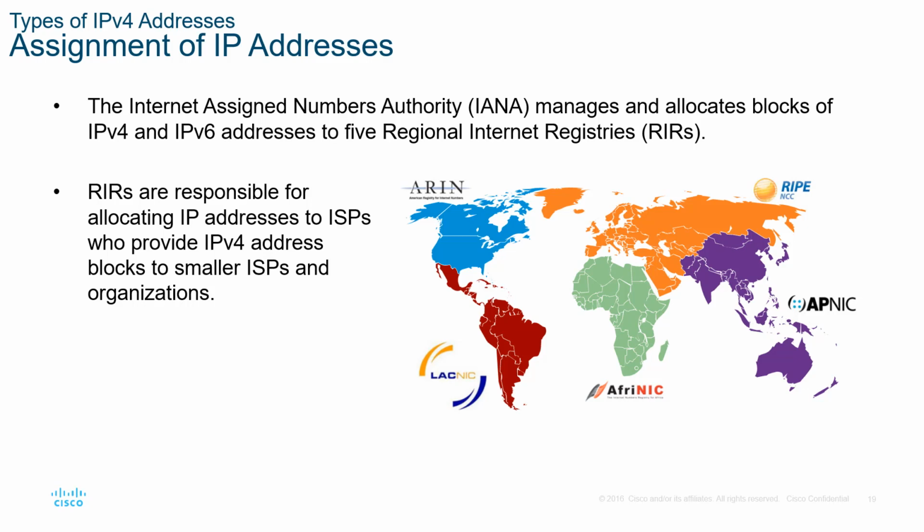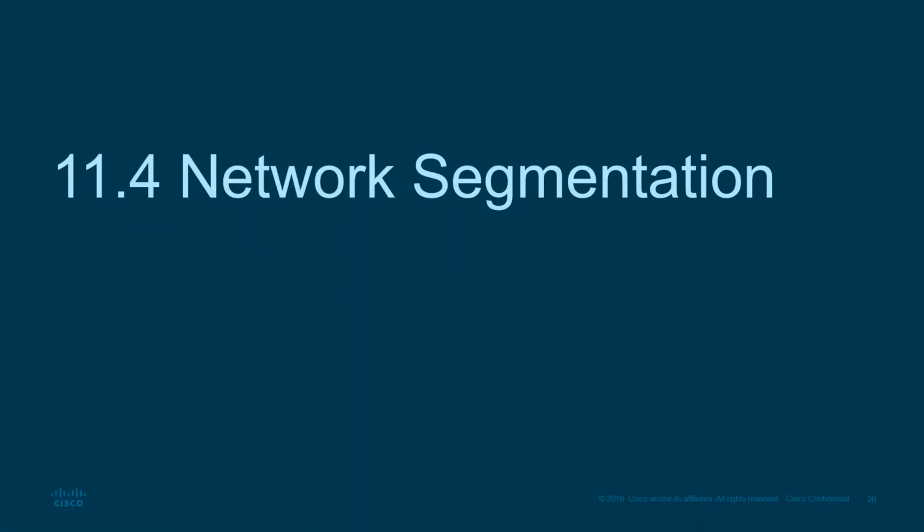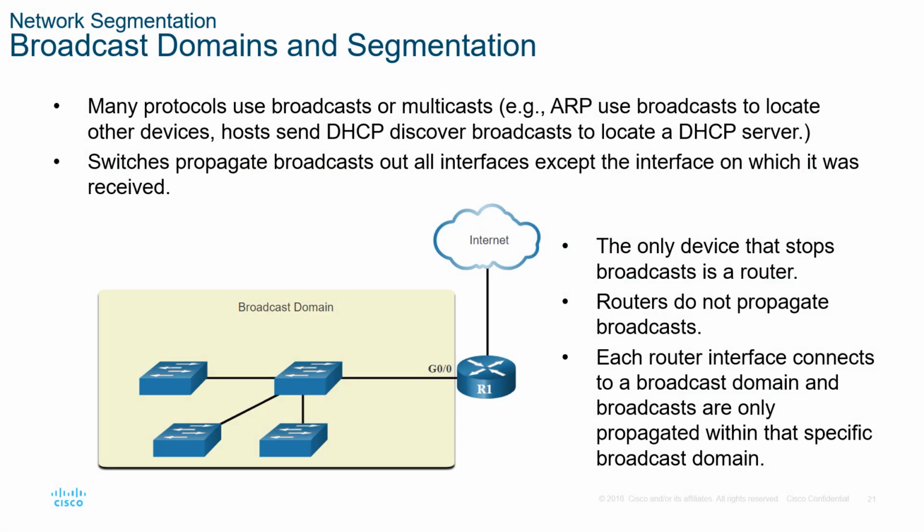So let's go ahead and move on to our next section, which is all about network segmentation. We have what's called a broadcast domain. A broadcast domain is a layer 2 domain that can be forwarded. So essentially, if we have one switch and they send a broadcast, it goes to all switches. It will go out every interface except the port it was received on.